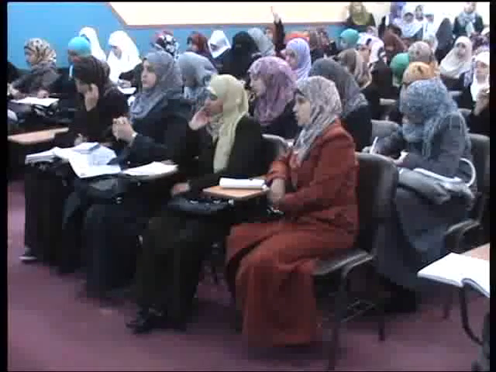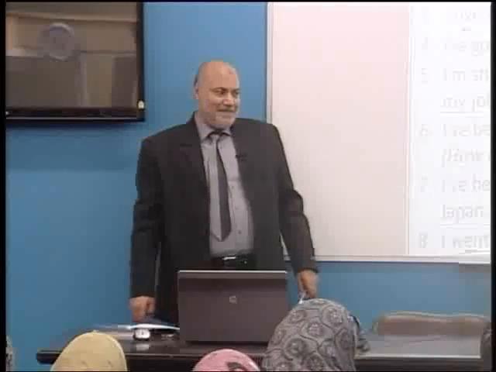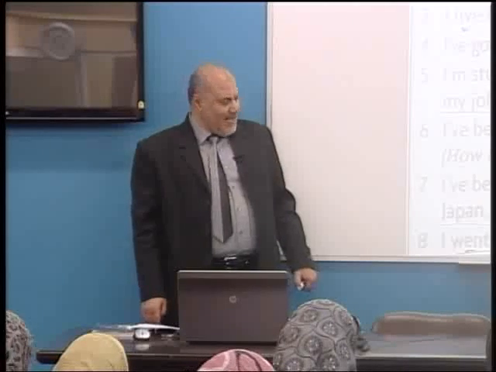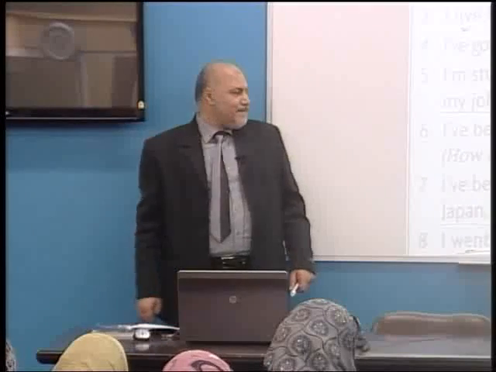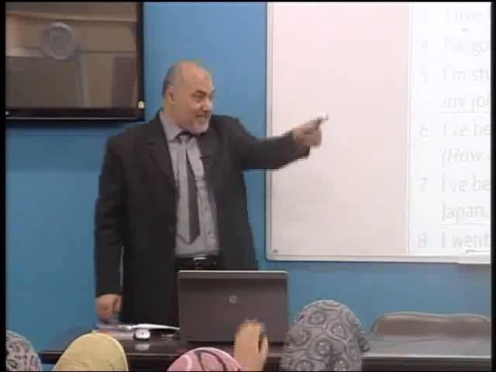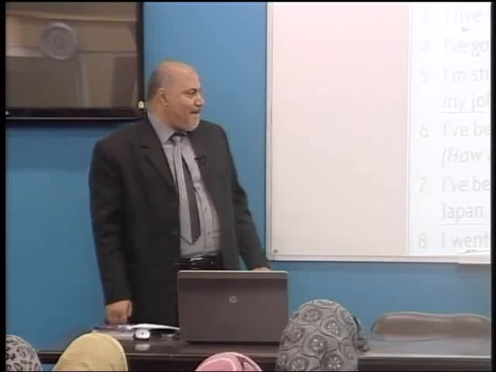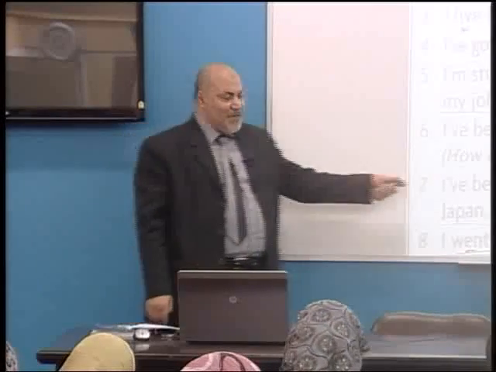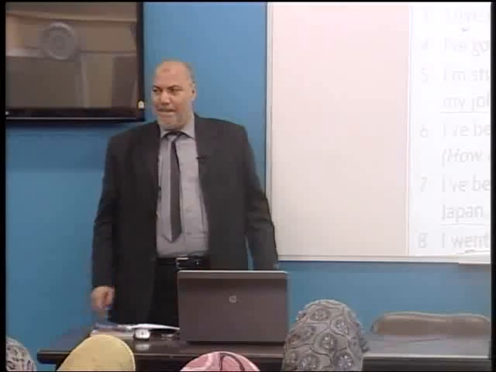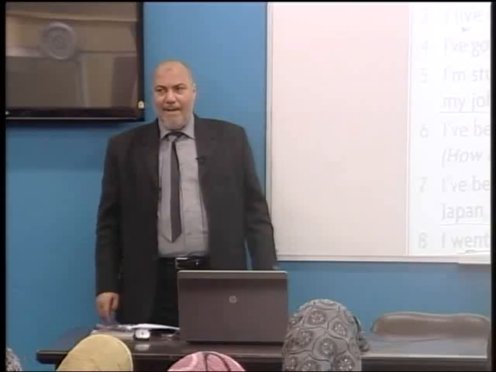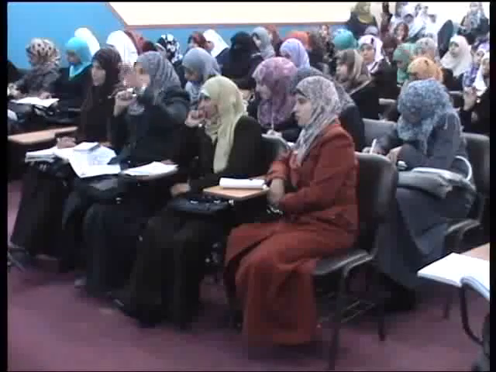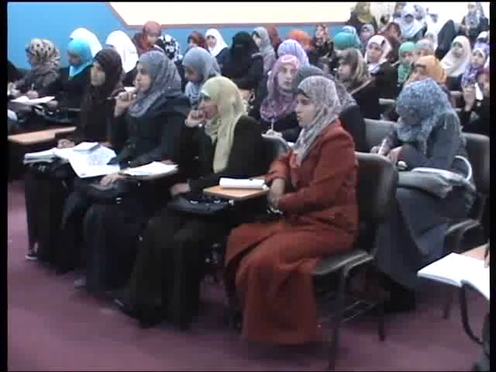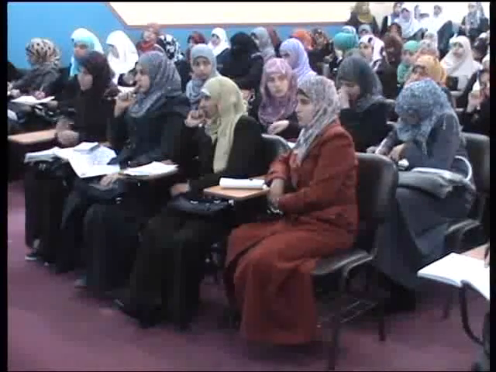Number 5. Why are you studying English? Number 6. How long have you been studying English? Number 7. Which countries have you been to? Number 8 and the last one. When did you go to Canada?